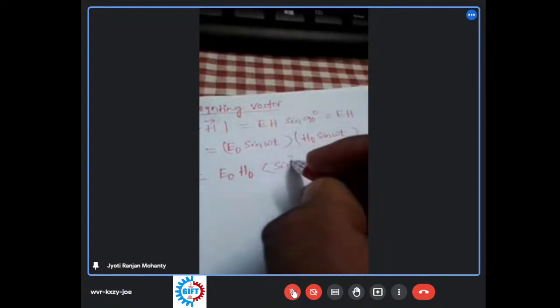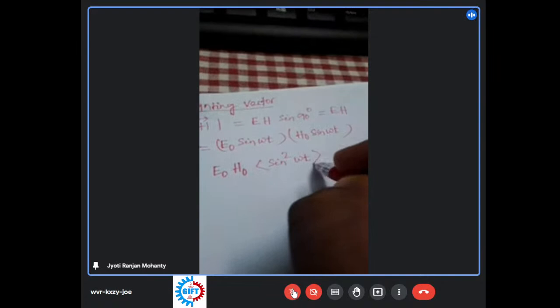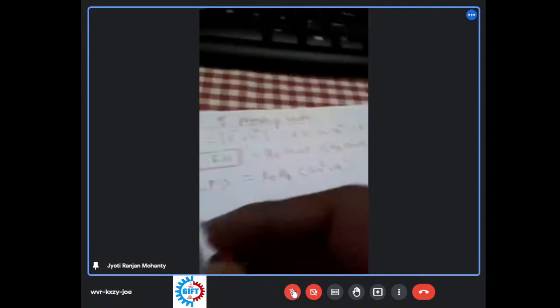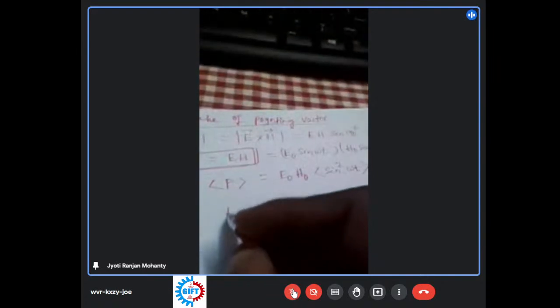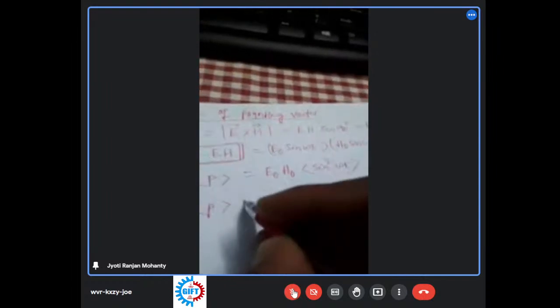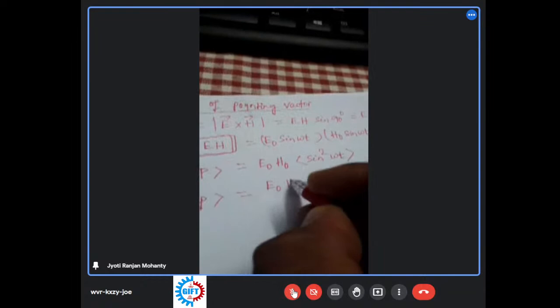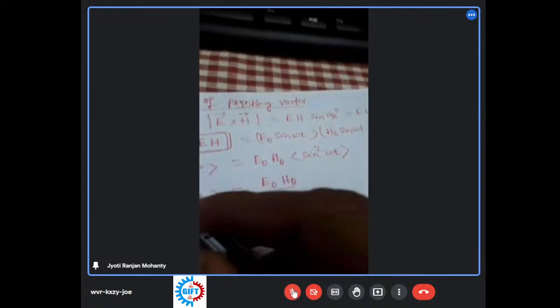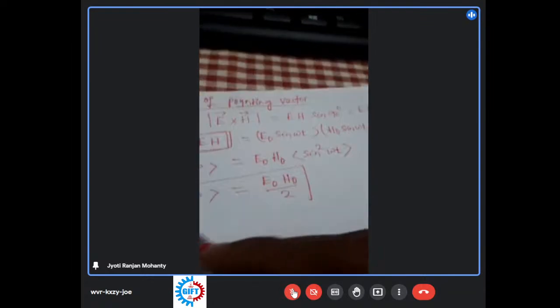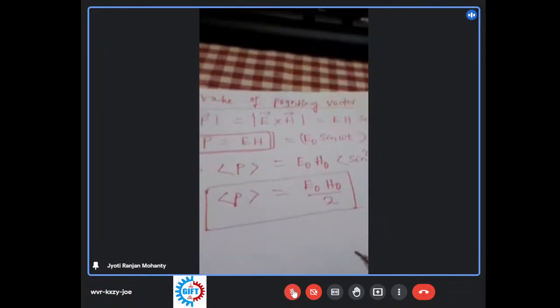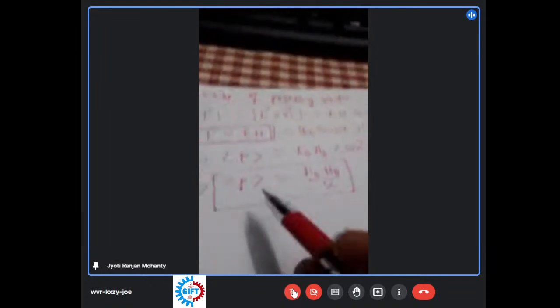The sine square omega t average is equal to 1 by 2. So this is E0 H0 divided by 2. This is another formula, a formula based numerical you have to remember. If E0 is given, H0 is given, what is the average value?